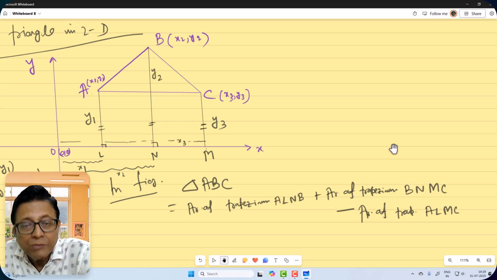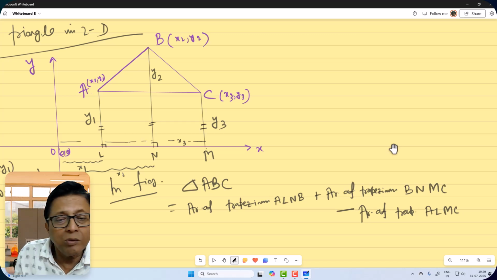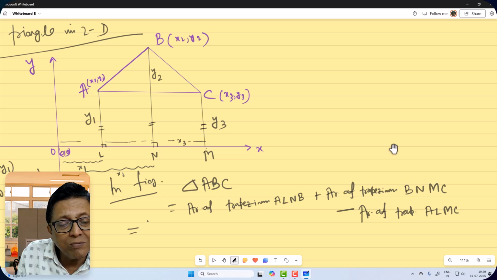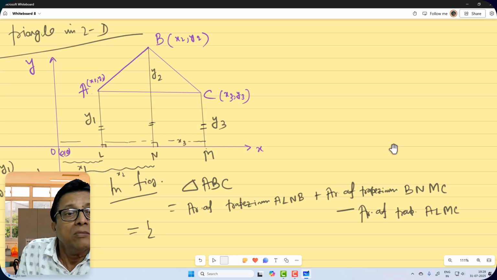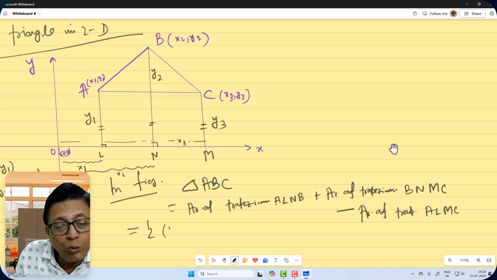Clear? What is the area of a trapezium? You know, half into the sum of parallel sides. For ALNB, this is half into (y1 plus y2) into the distance between them, which is LN.